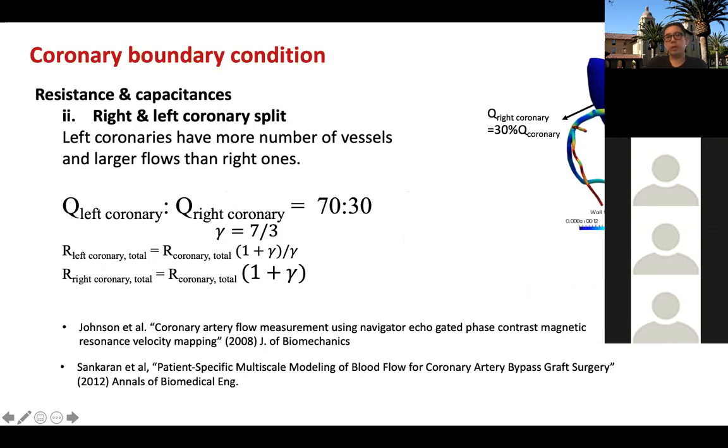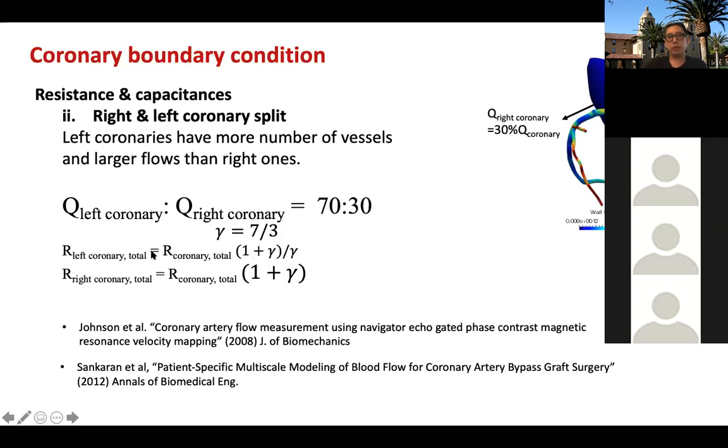Usually, the left coronaries have more vessels and larger flows than the right coronaries, and there is a flow split between these two. Within the 4%, you can split the total coronary artery flow with a 70 to 30% ratio.